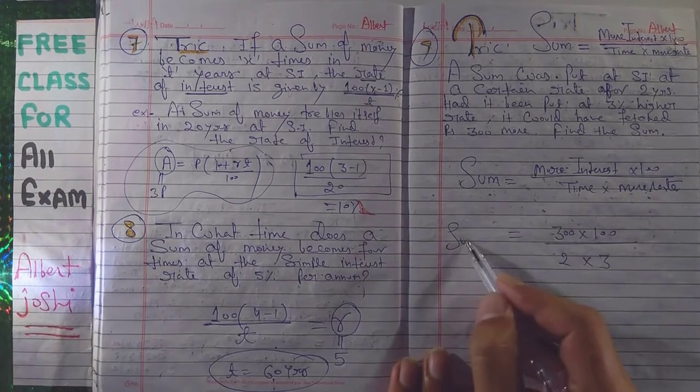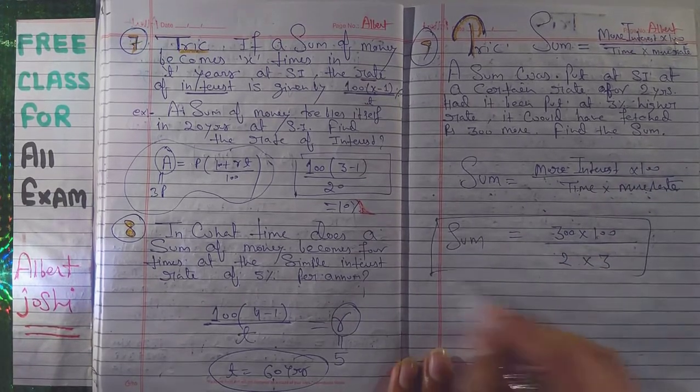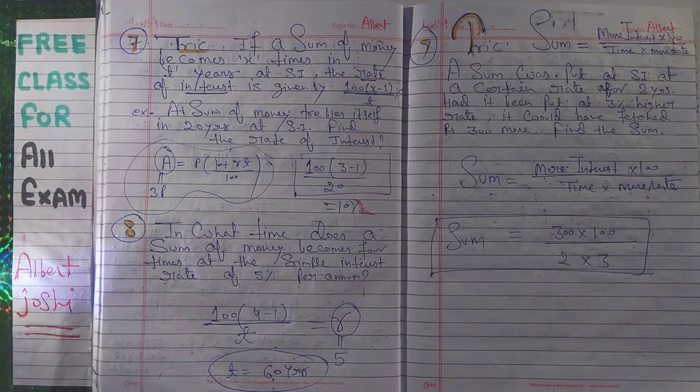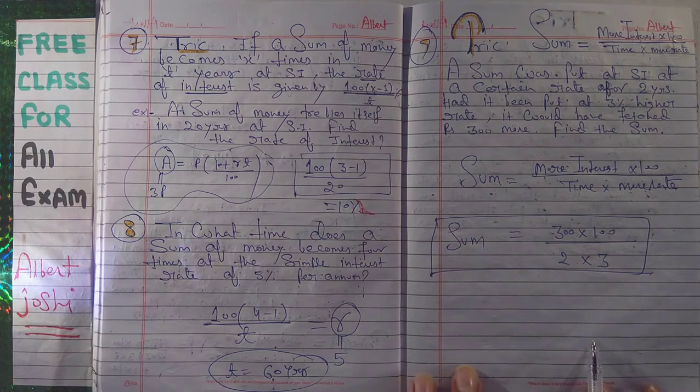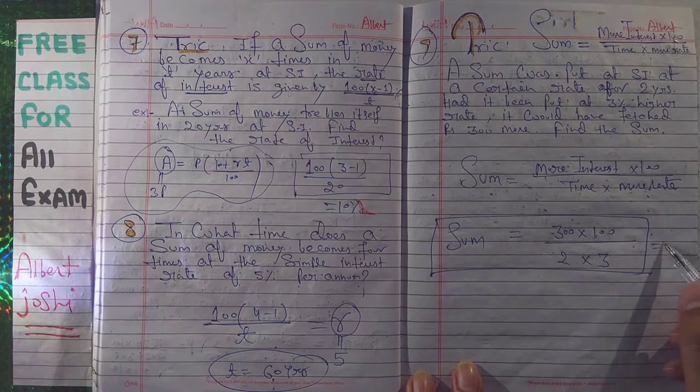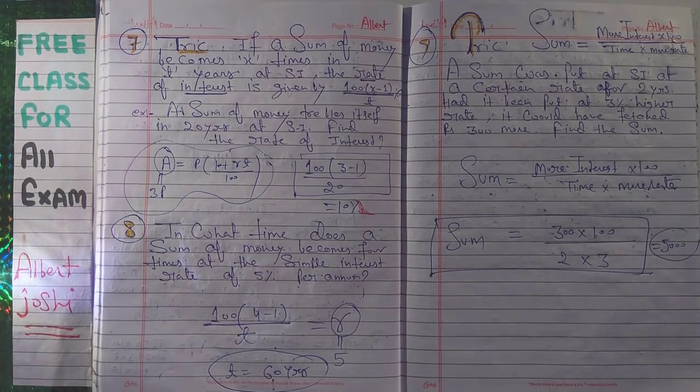So you can find the sum, very simple. If we calculate, then you will get 5,000.